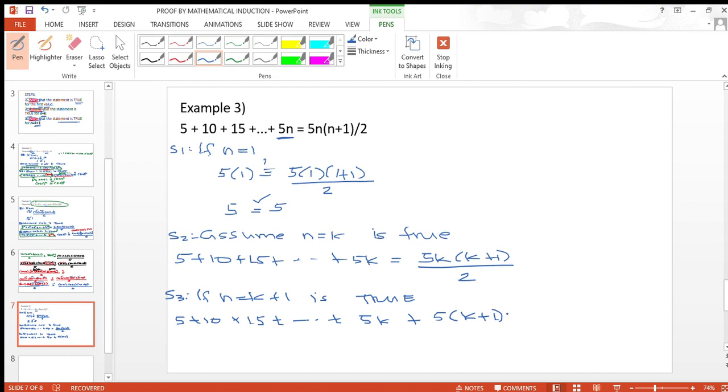And then the right side, we have 5k, n is k plus 1. So that's 5 times n multiplied by n is k plus 1 plus 1, everything divided by 2. Okay, so this is n plus 1.